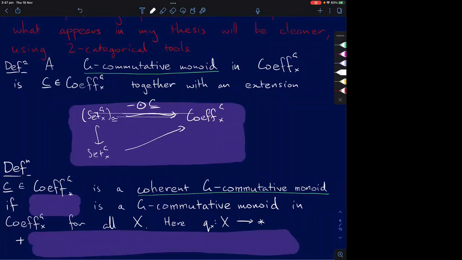So if I start with a coefficient system over a point, it's a coherent G commutative monoid if, when I use my restriction functor to go from coefficient systems over a point to coefficient systems over X via the only map that exists from X to the point, all of these are G commutative monoids and they agree, so that's the coherent part. They sort of agree under the transfer and restriction functors for any G set map.